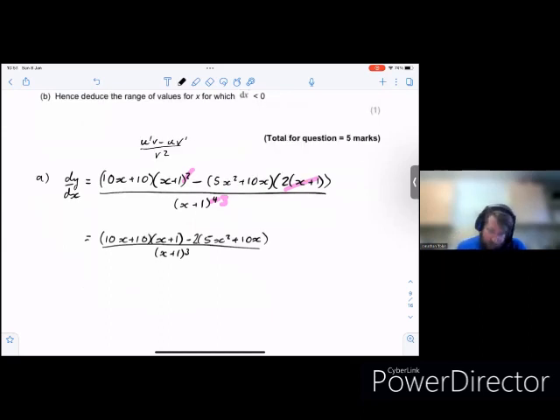So this becomes, expanding all this, we get 10x squared plus 10x plus 10x plus 10, minus 10x squared minus 20x.